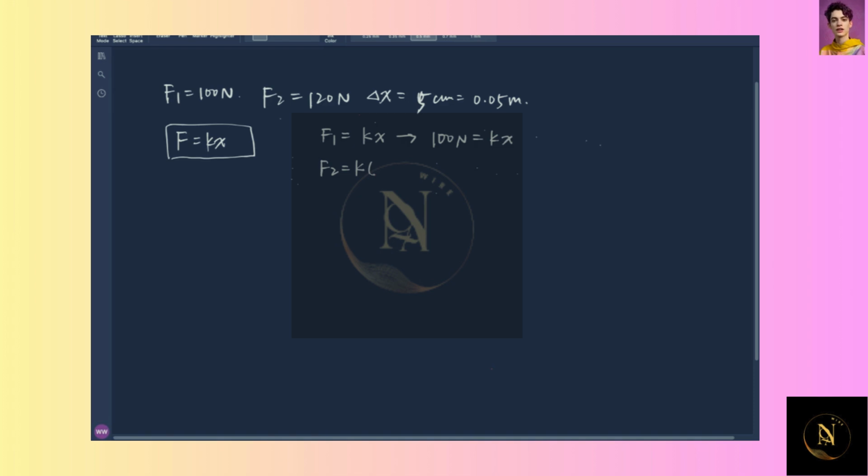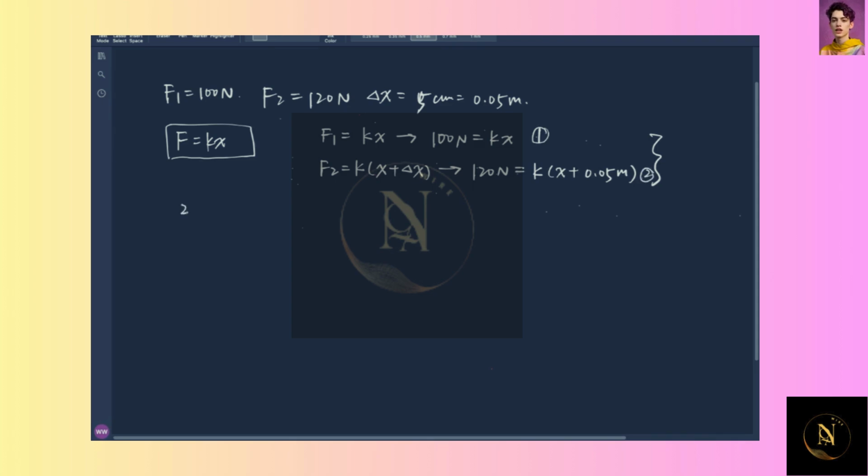But we're going to have a new displacement here. It's x, the original displacement, plus delta x. And if we plug in the numbers, it's going to give us 120 Newton equals k times (x plus 0.05 meters). This is a system of equations. And now let's label this as equation 1 and this as equation 2.